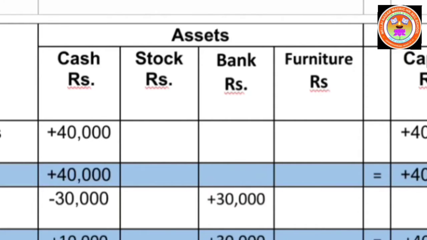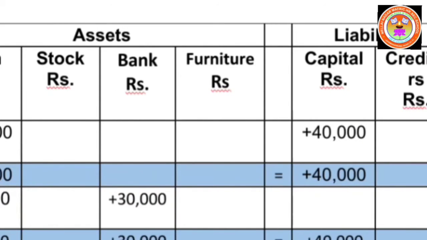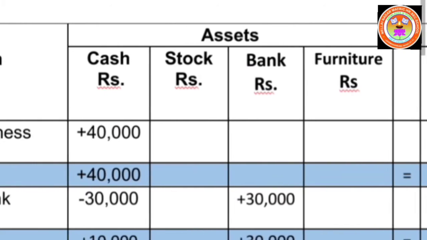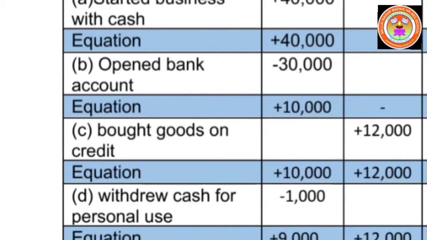Both the columns may be on the asset side, both may be on the liability side, or one from asset and one from liability, but anyway it should be written in two columns. Do you understand? Like that you can cross check whether you are writing right or wrong.